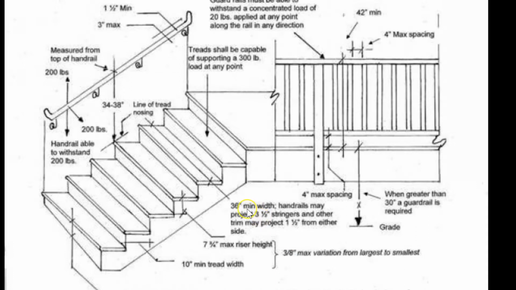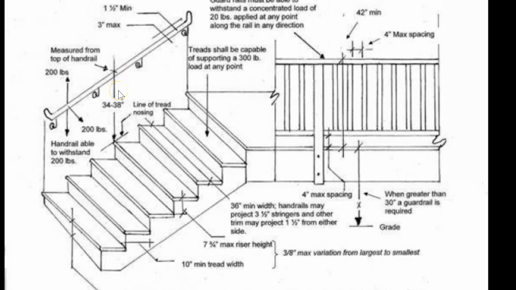Also, the treads have to be at least 36 inches minimum. The handrails may project 3/4 inch over the stringers, and others may project 1/2 inch from other. All right, so 36 inches width. Let's look at some other things. Handrail: if there are 4 or more steps, you must have a handrail, at least on one side.